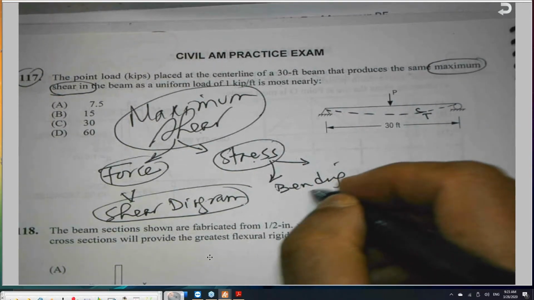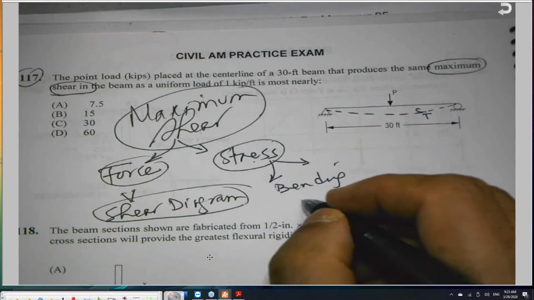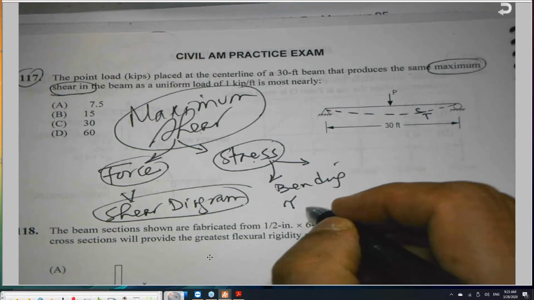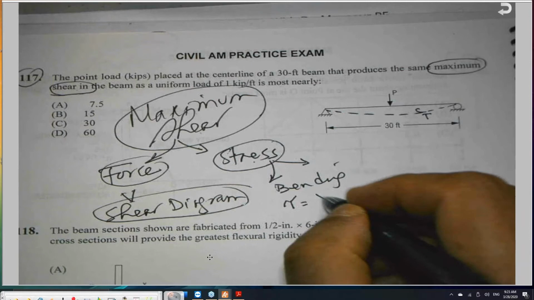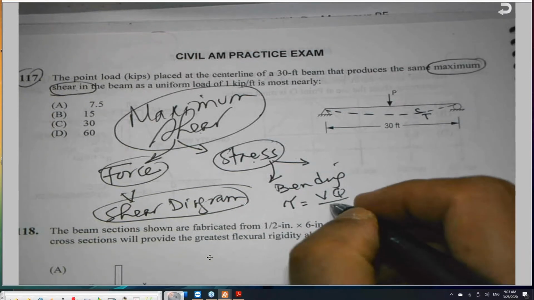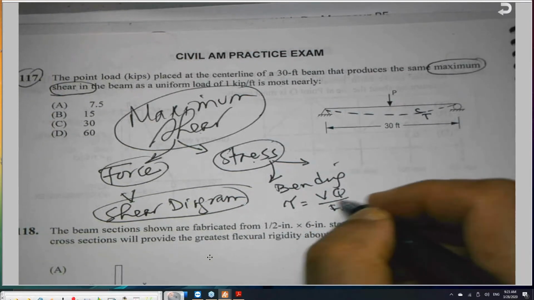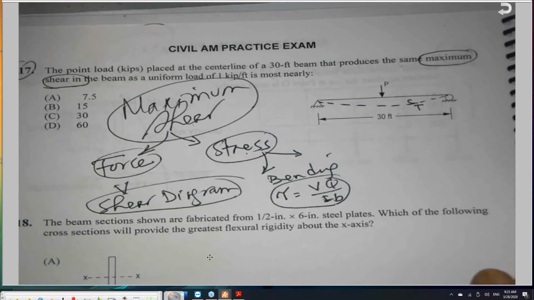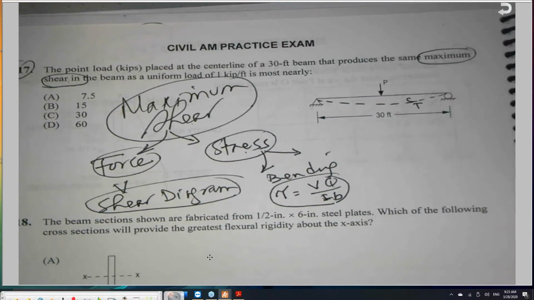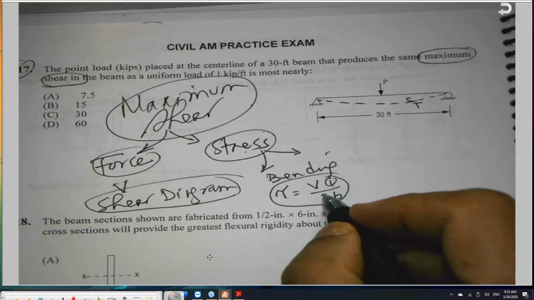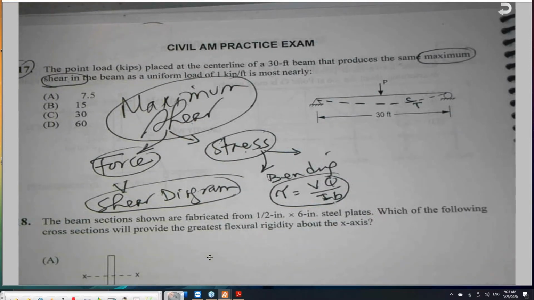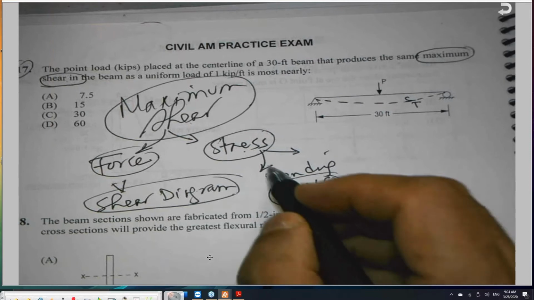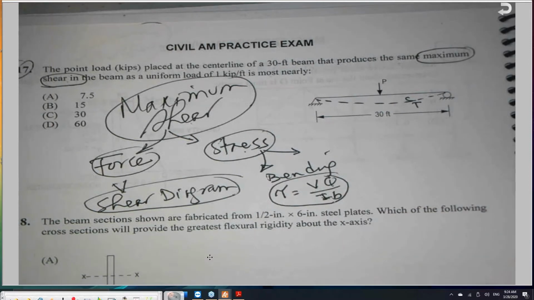Shear stress under bending we call tau, and this tau is given by this equation, VQ over IB. I will be glad to go over it and show you the distribution. This is called shear stress under bending. We cover this a lot in the FE.